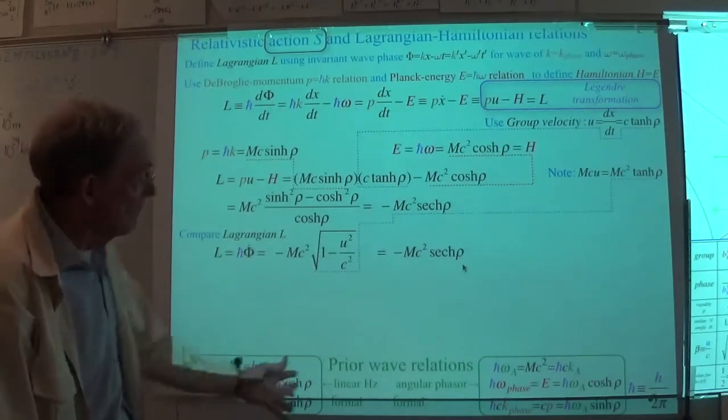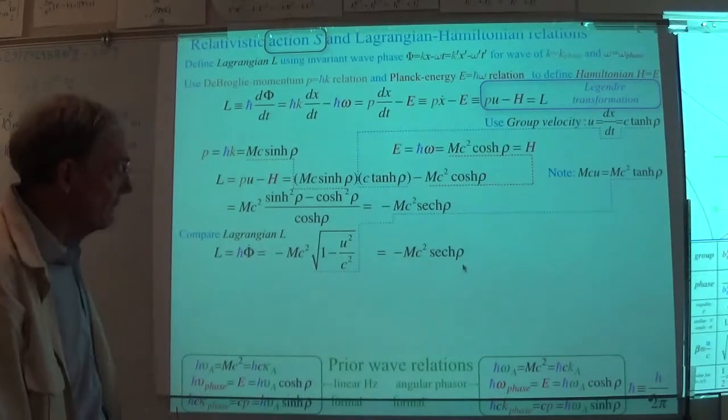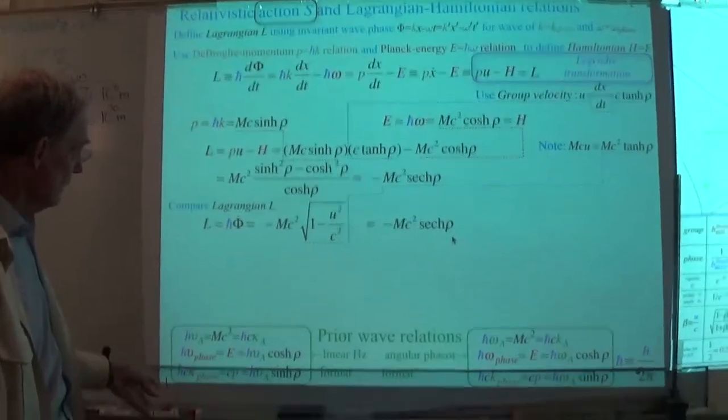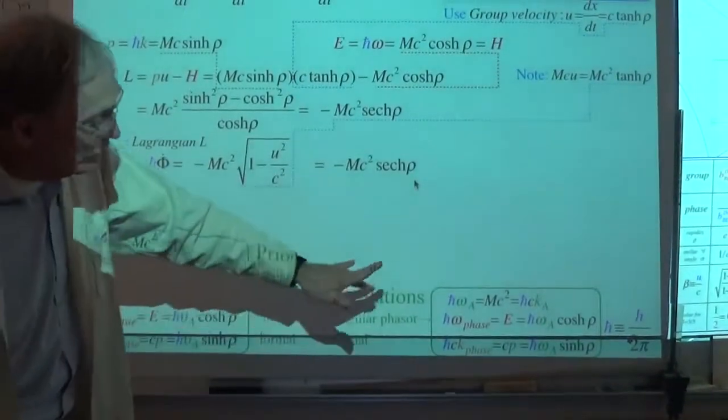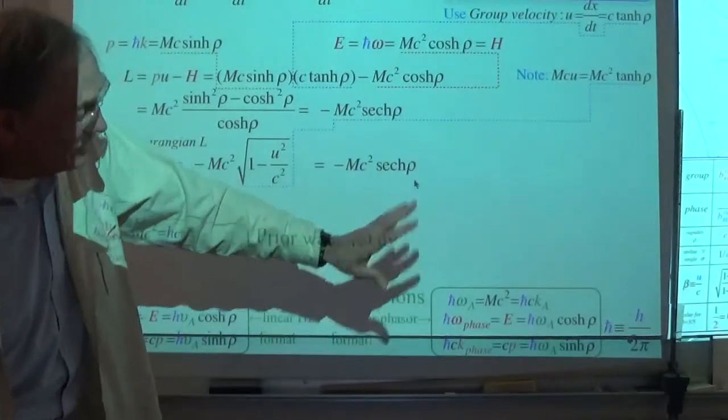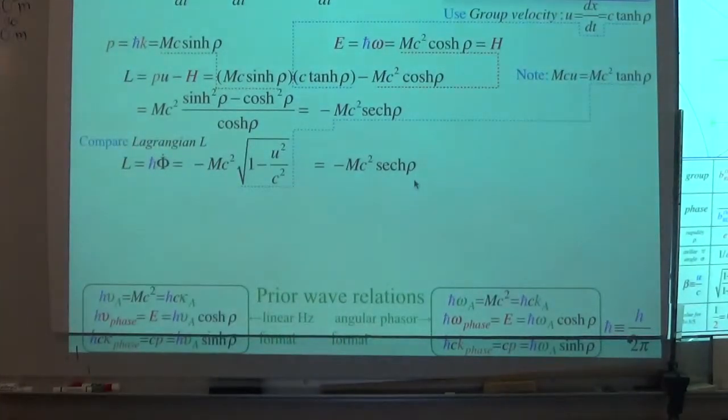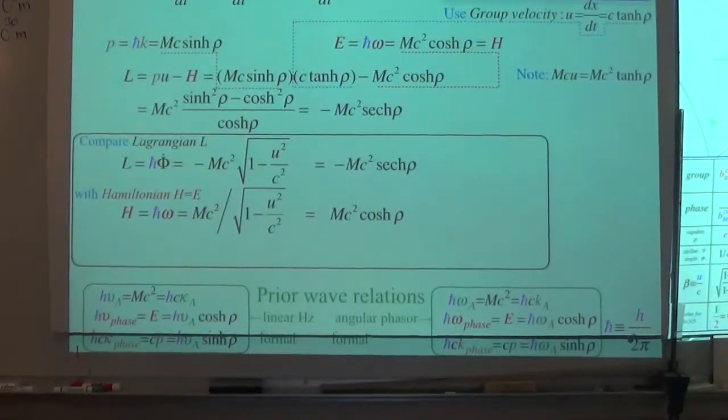Now these are all those prior wave relations down there, written in terms of the ordinary frequencies and wave numbers, and then the usual angular frequencies and wave vector that you can see.